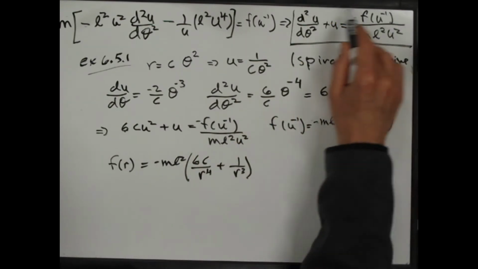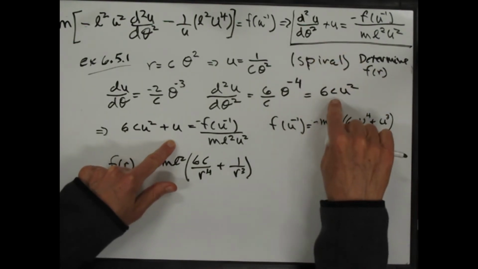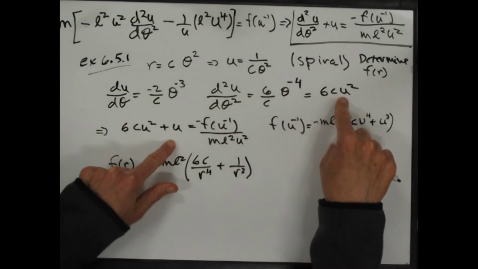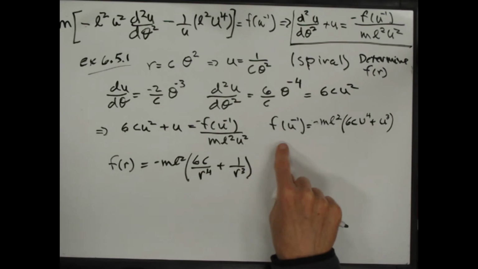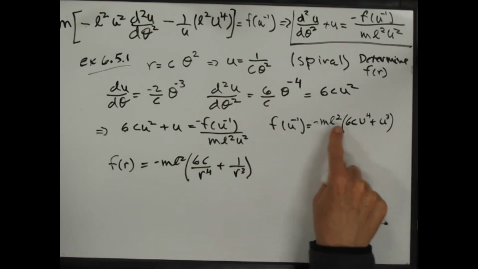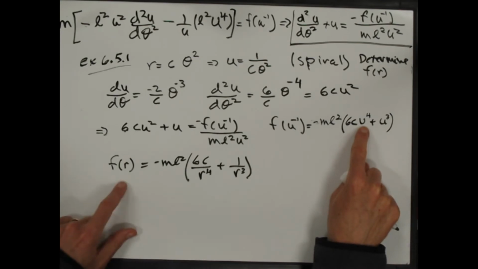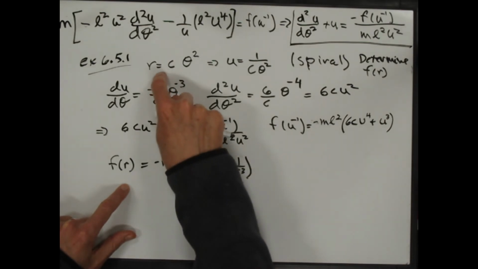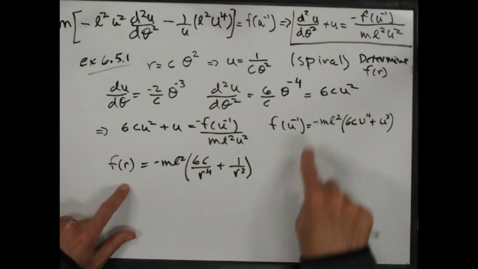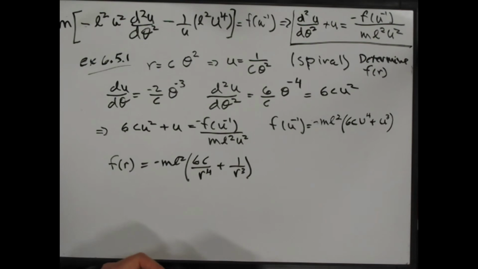And so then this equation here can be written this way: the second derivative of u with respect to theta plus u is equal to this quantity. And so you solve for the force function just by multiplying through, and this gives you the force function is minus m L squared times these two. And then you just substitute in r for 1 over u, and you get the force function as this. And so what this is saying is that this force function gives you an outward spiral. And so if you could create this force, you could produce orbits that spiraled outward.